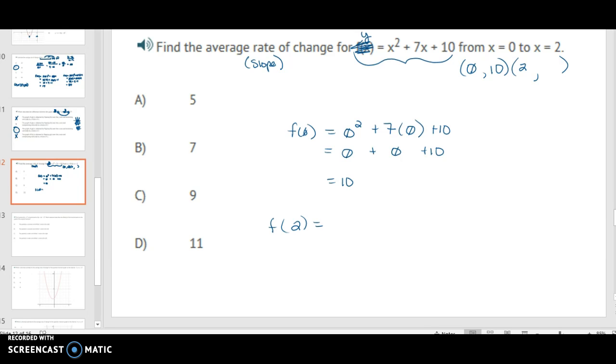F of 2 equals 2 squared plus 7 times 2 plus 10. 2 squared is 4. 7 times 2 is 14 plus 10. 4 plus 14 is 18. 18 plus 10 is 28.